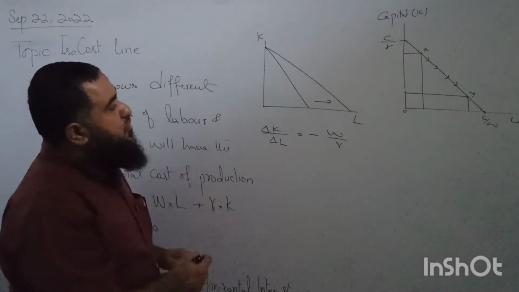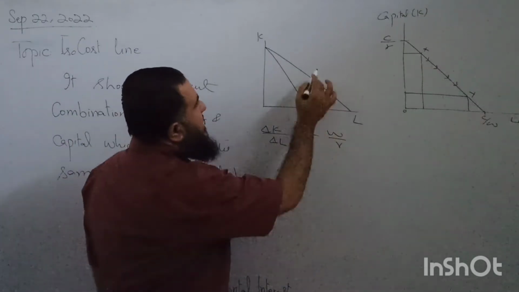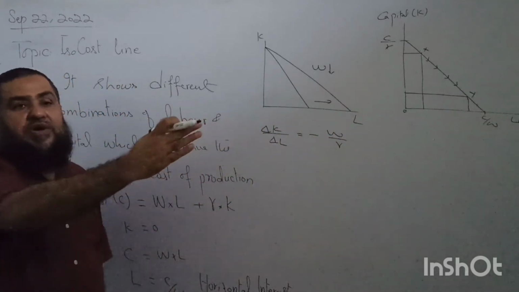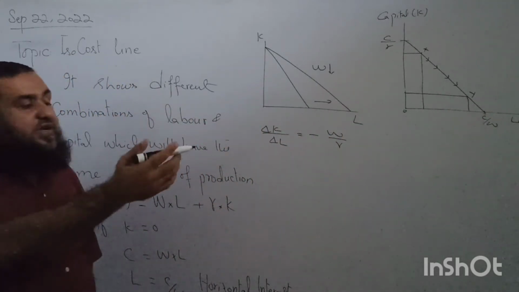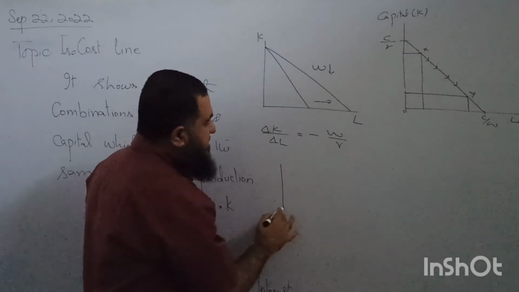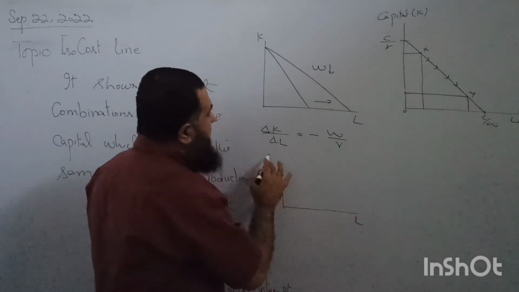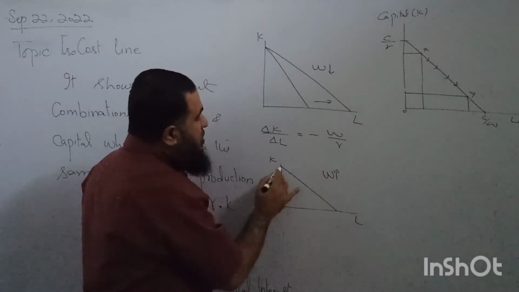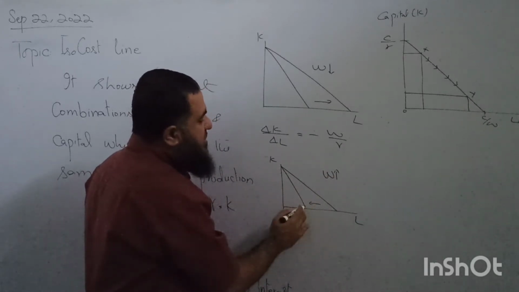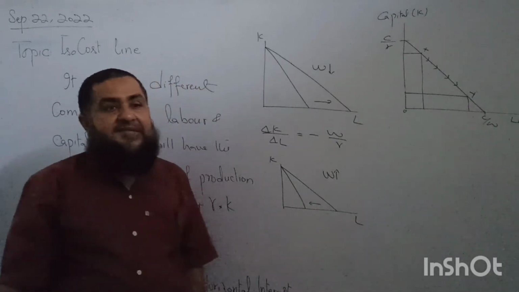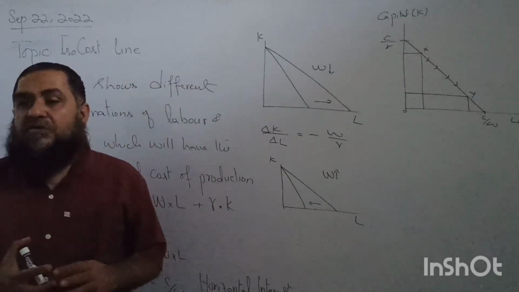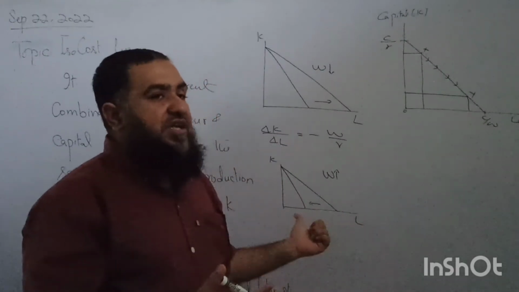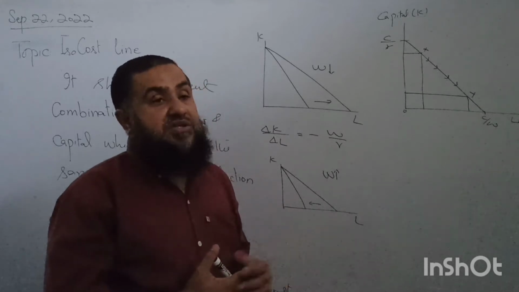So when wages fall, isocost line will rotate outward, or there is pivotal outward rotation, and when wages increase, what happens? When wages increase, isocost line will have pivotal inward shift.